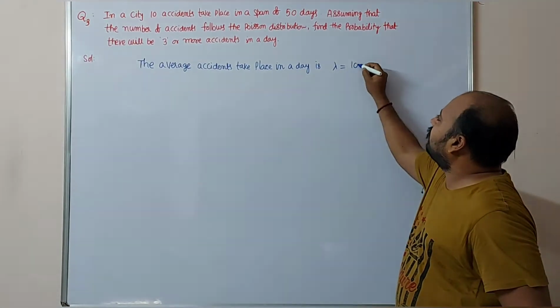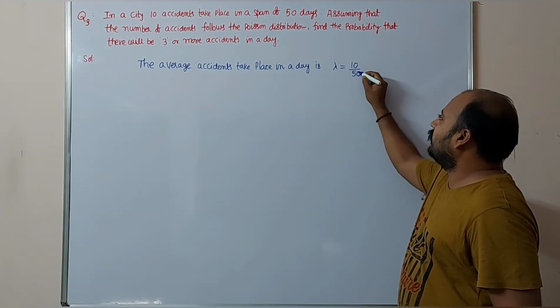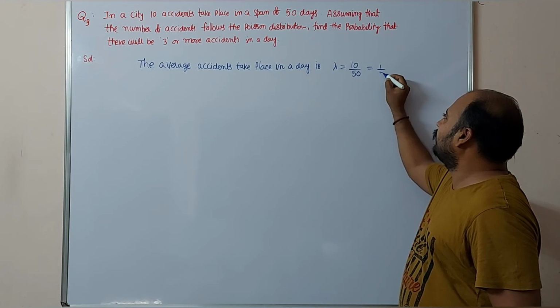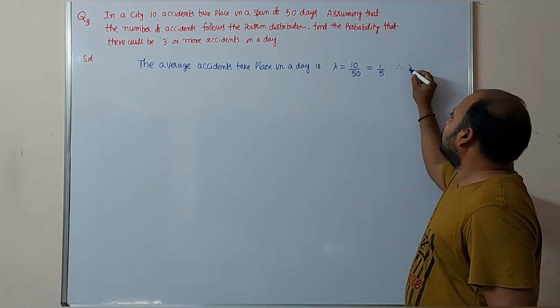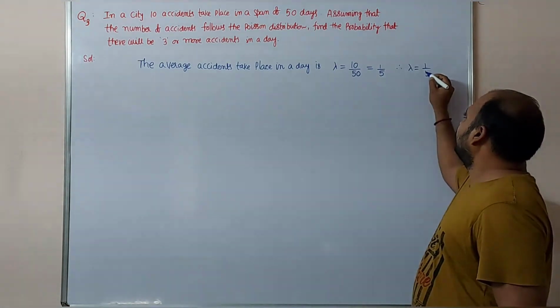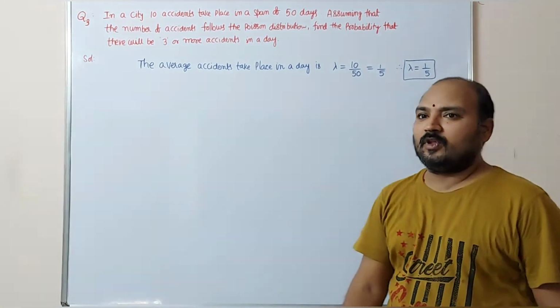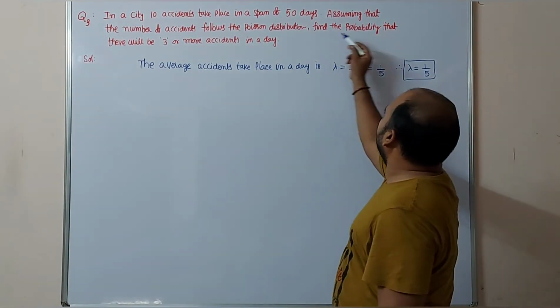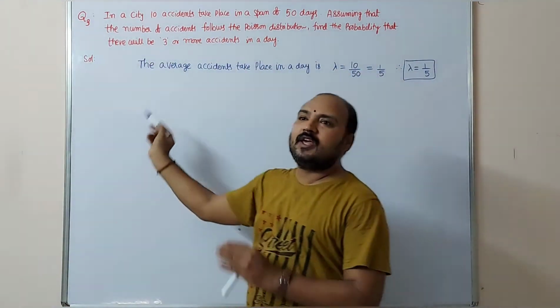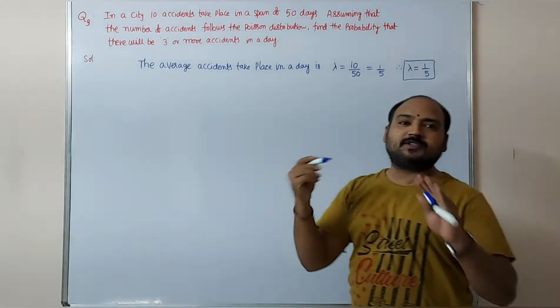So 10 by 50, which is equal to 1 by 5. Therefore, lambda is equal to 1 by 5, or 0.2 also we can write it. The next question is, find the probability that there will be 3 or more accidents in a day.